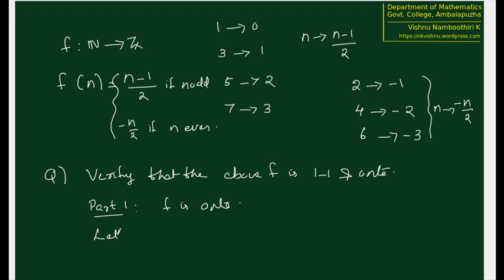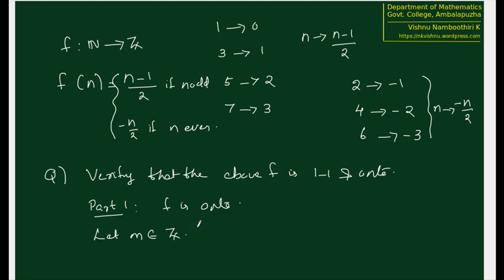So we choose m in Z, and according to our construction, we have defined f to be having two types of formulae. One is n minus 1 by 2 and other is minus n by 2. And what are the results of this n minus 1 by 2 and minus n by 2?